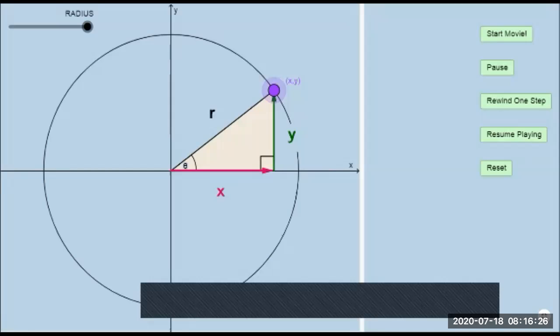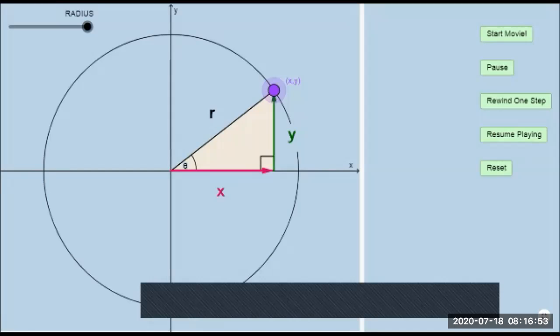The green line, the perpendicular, or you can say the opposite side to angle theta. This angle is theta. And this red color line represented by the red arrow x is basically the adjacent side to this angle theta.